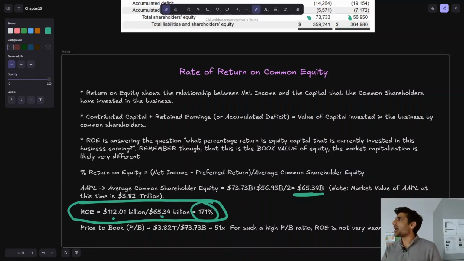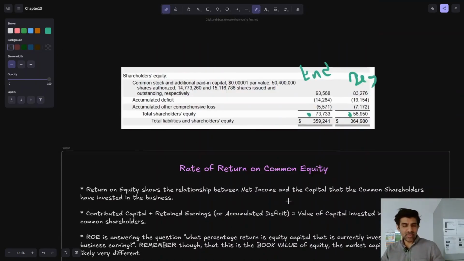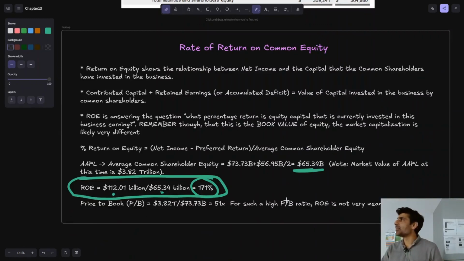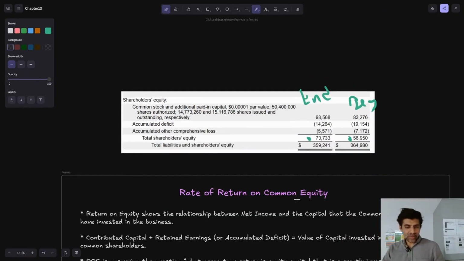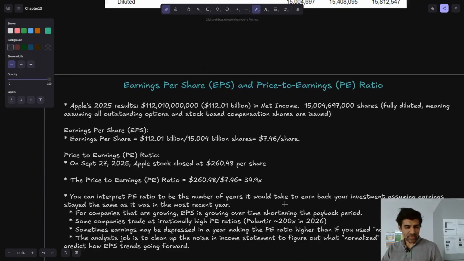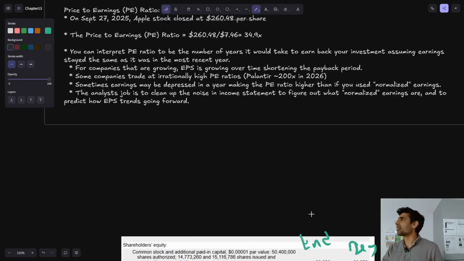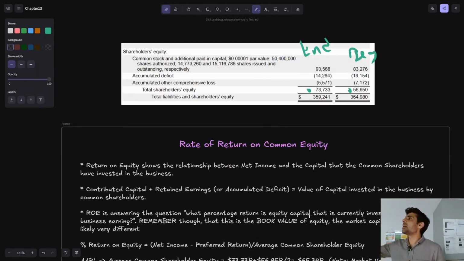So if you could buy Apple stock at its book value, which is 73 billion, then you would be making 171% return every year. So why do you think the business doesn't trade at book value? It trades at, the 73 billion, and I think the valuation is in the trillions. It trades at many multiples of book value in the market.